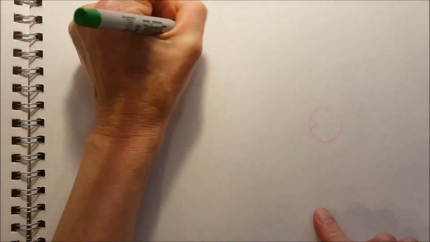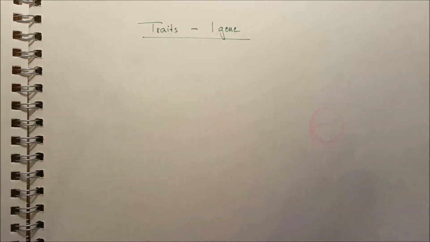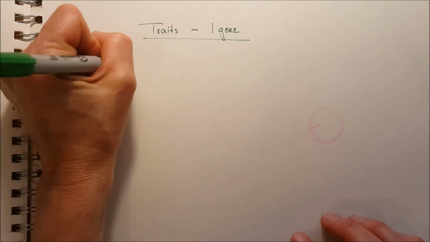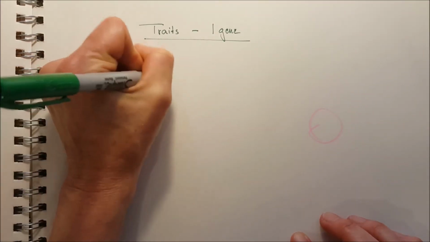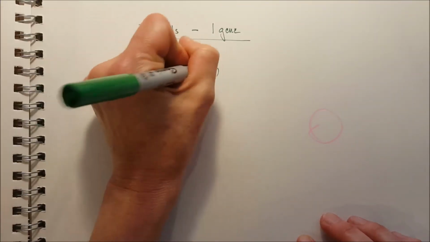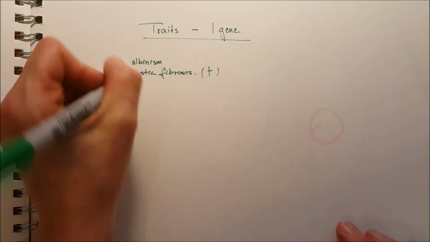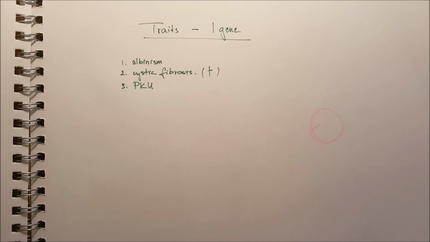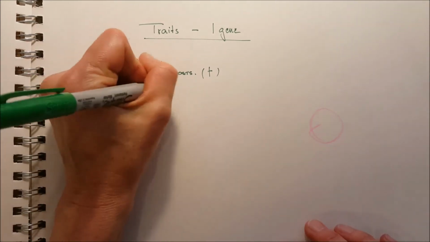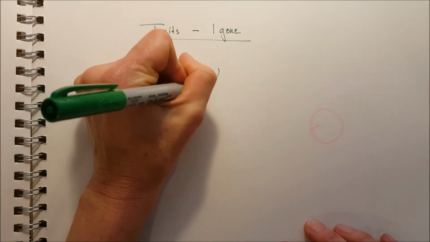Now, a little bit of general information too. There are some traits that are controlled by one gene, and one of them is albinism. The other one is cystic fibrosis, one of the most lethal diseases in the United States, I can say that.